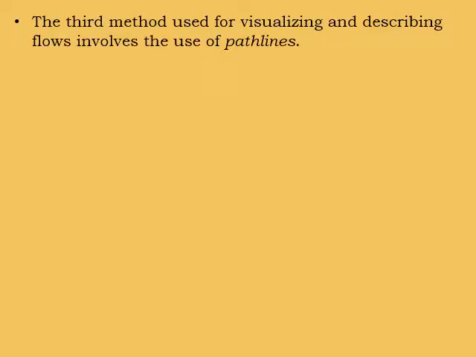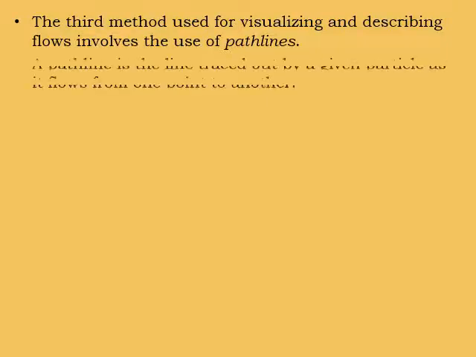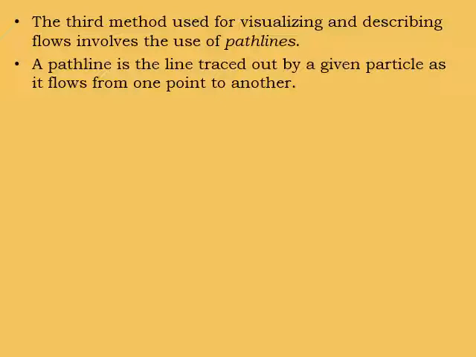The third method used for visualizing and describing flows involves the use of path lines. The path line is the line traced out by a given particle as it flows from one point to another. That means it is the path followed by the fluid particle while it travels from one point to another point.